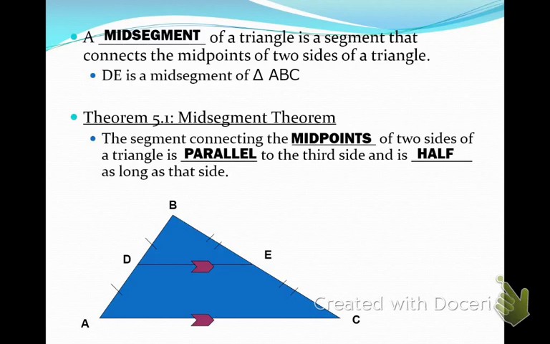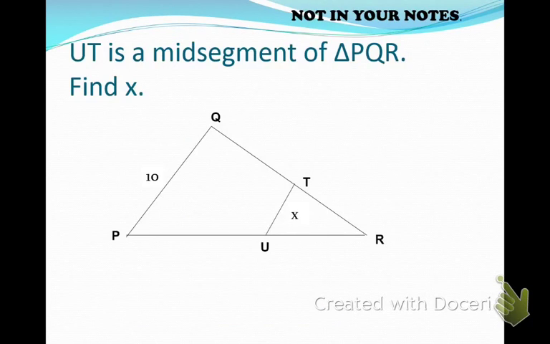Let's look at some applications of this. UT is a midsegment of triangle PQR. Find X. What would X be? It's half the length of what?